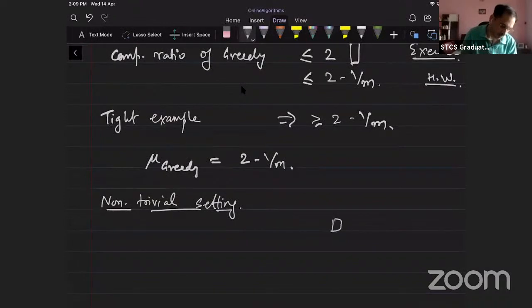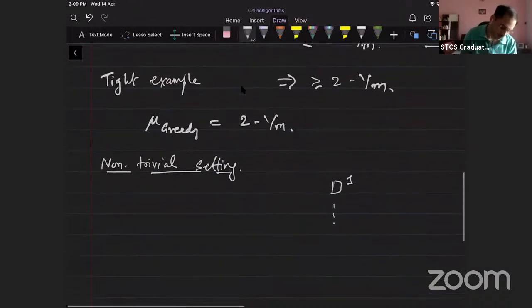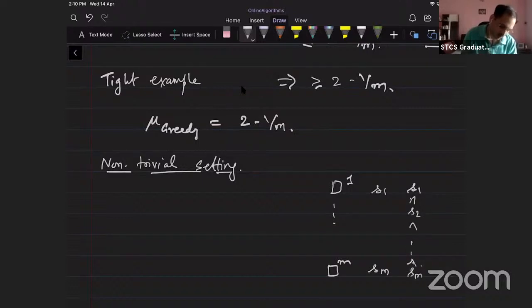Now M machines, machine number 1 through M, have speeds S1 through Sm. And let's say S1 is smaller than S2, and so on, just without loss of generality, so machines are faster this way.